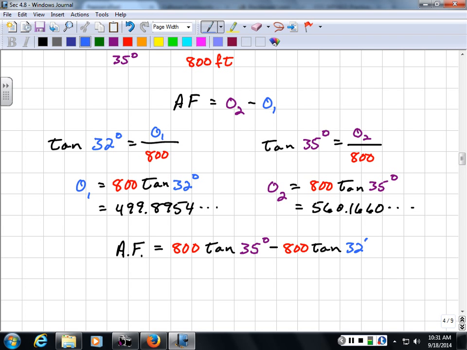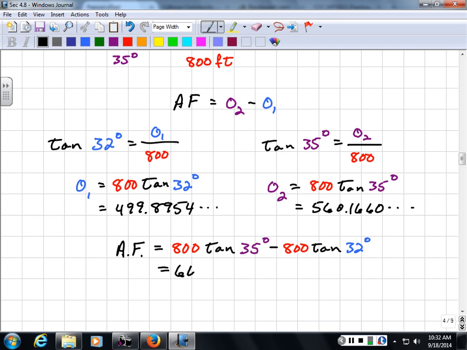I could even factor the 800 out of that if I want, but this is what I should put into my calculator. If I've got 800 times the tangent of 35 degrees minus the tangent of 32 degrees, I end up with this.